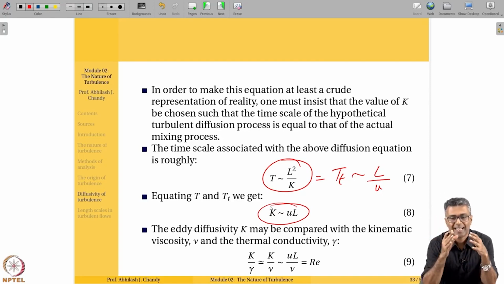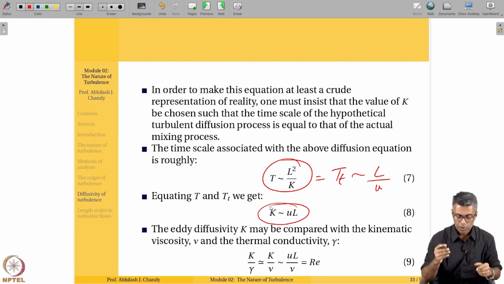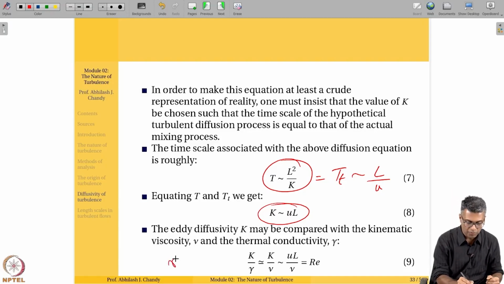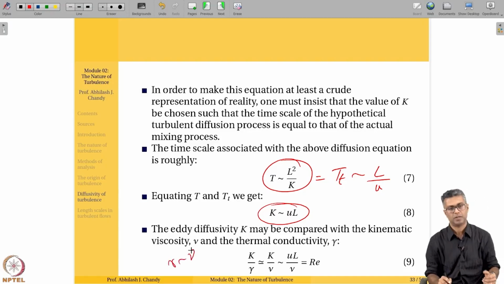So now let's compare this to the kinematic viscosity, the momentum diffusivity or the thermal diffusivity. So let's say I take K over gamma, which for gases is the same as K over nu, isn't it? Because gamma is of the same order as nu, isn't it? For gases. And we are considering gases here, air. So K over nu, since K is UL, becomes UL over nu.